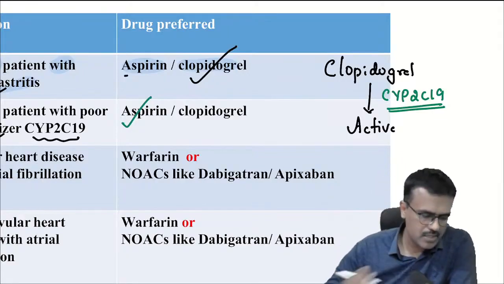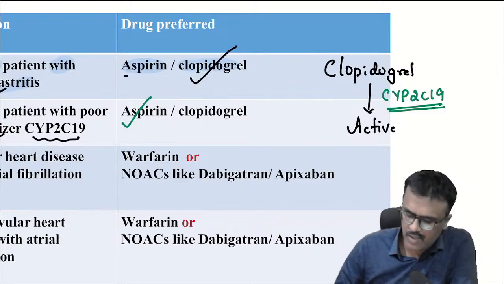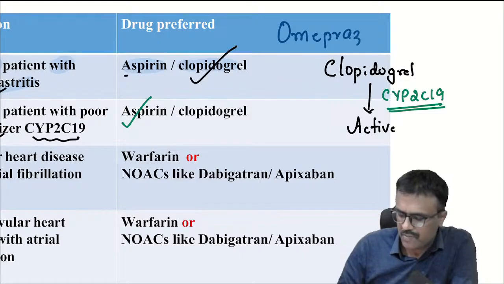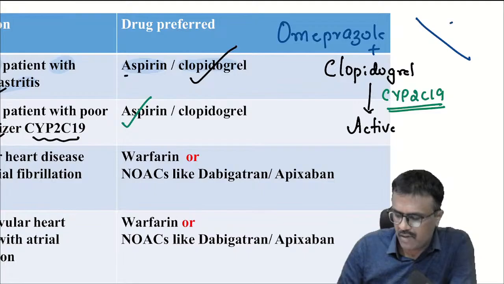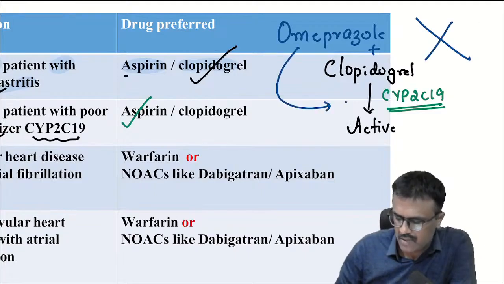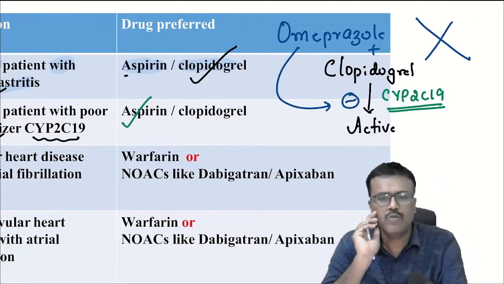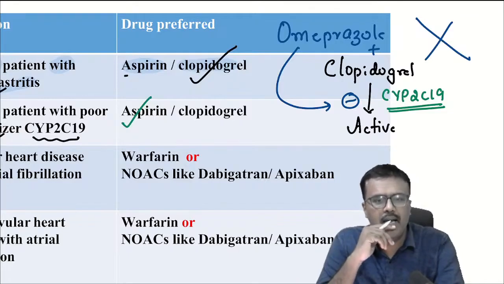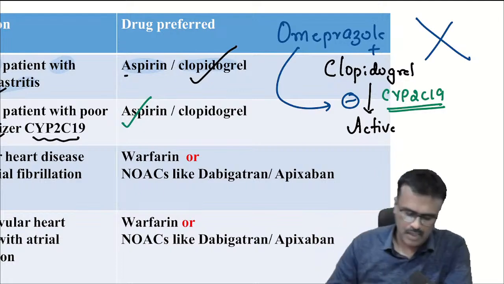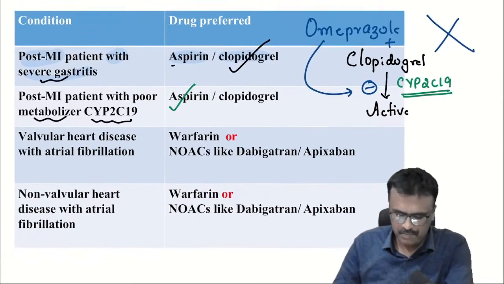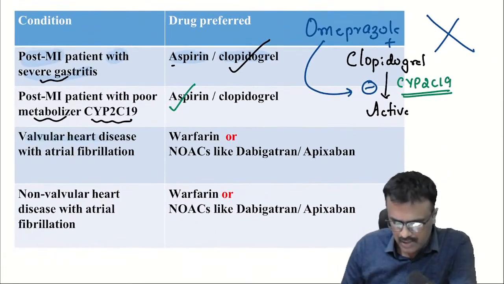Yes, one more interaction we have to understand here is a PPI called omeprazole. So can we give omeprazole with clopidogrel? Never, because omeprazole inhibits cytochrome 2C19 and it will not give any protection. Coming to the next problem, valvular heart disease with atrial fibrillation.